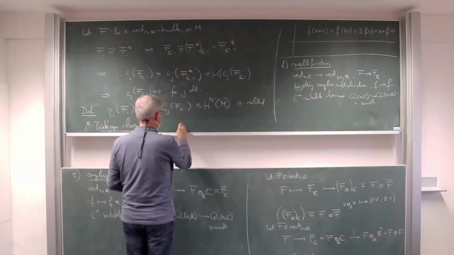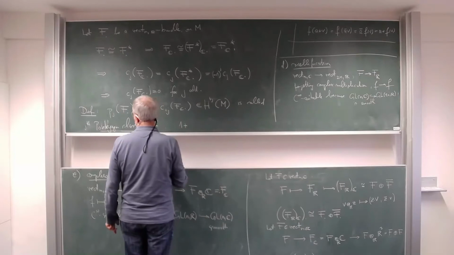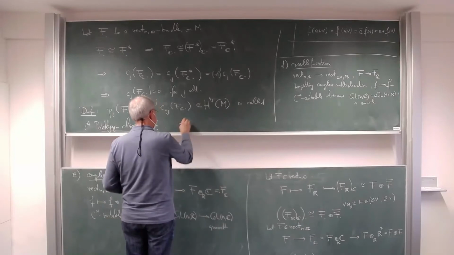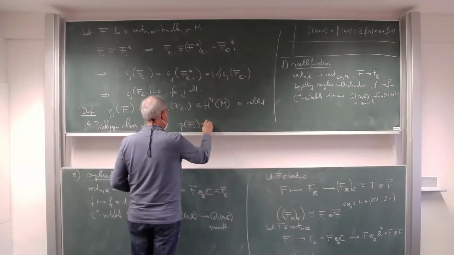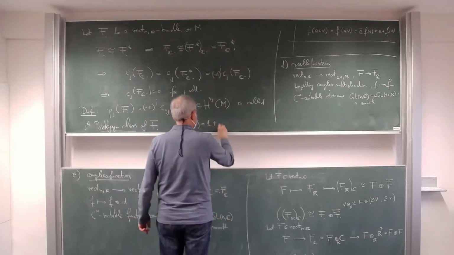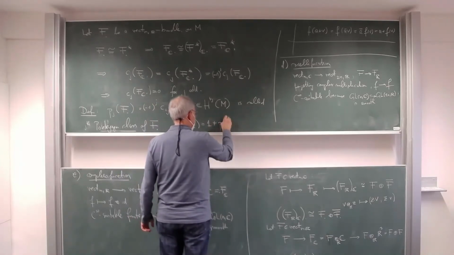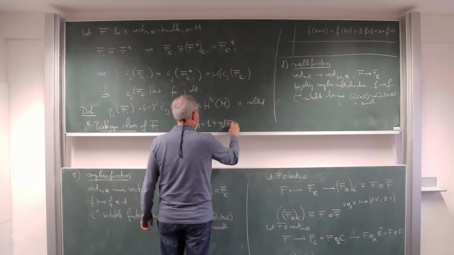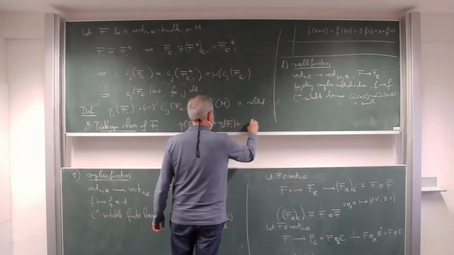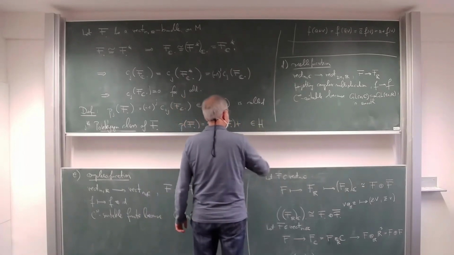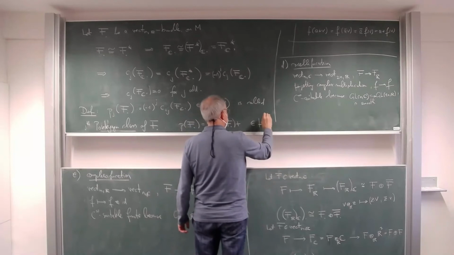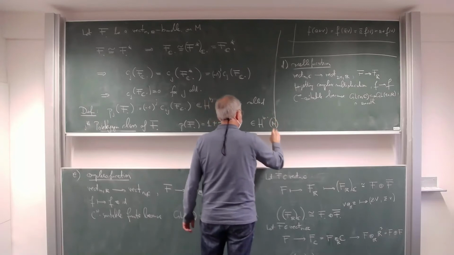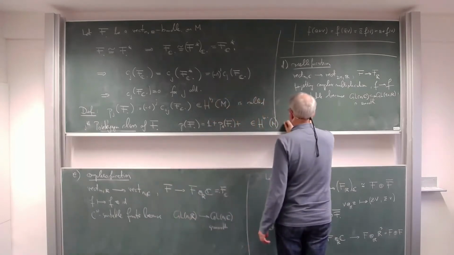And if I add them together, I take 1 in degree 0 plus p_1 in degree 4, and so on. So that's now sitting in the even cohomology, but actually in the cohomologies of degrees divisible by 4. So this is the total Pontryagin class.